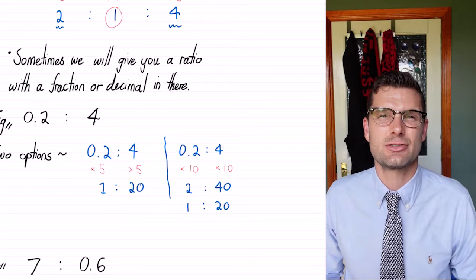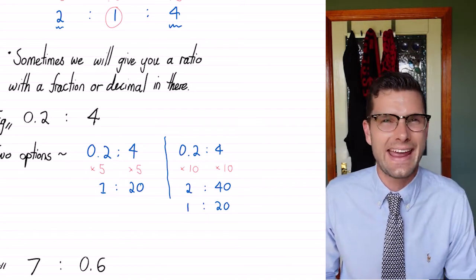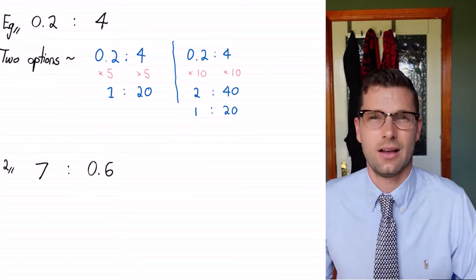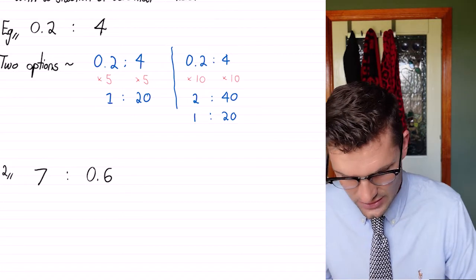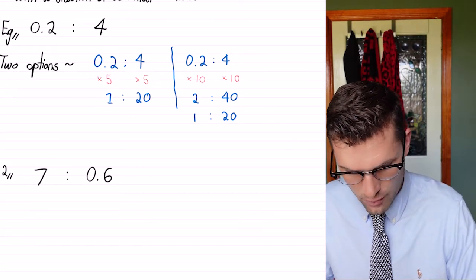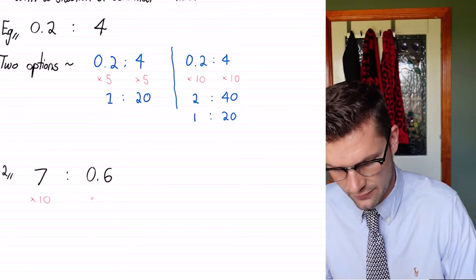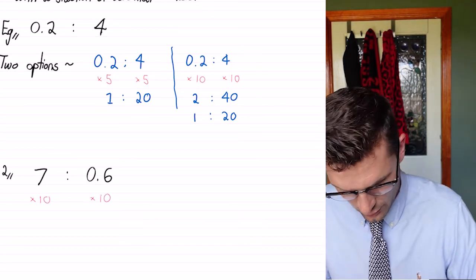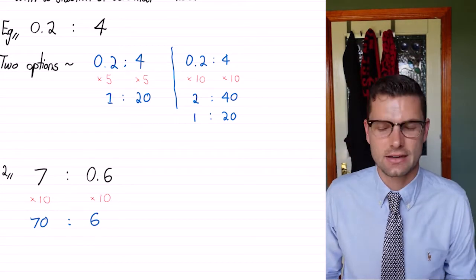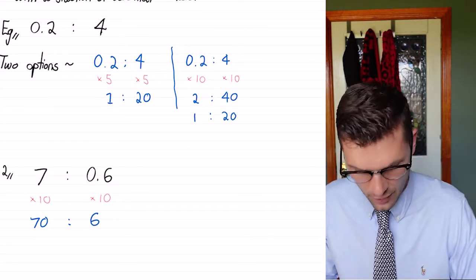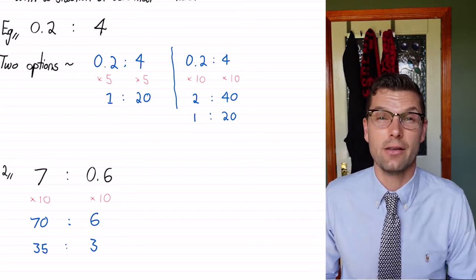This one does take an extra step, but it takes a little bit of that mathematical computation in your head out of the question. We're going to do this one with two methods as well. So 7 to 0.6, I could multiply both of these by 10 to give me a whole number, which gives me 70 to 6, which I can then simplify to 35 to 3, and that's my final answer.